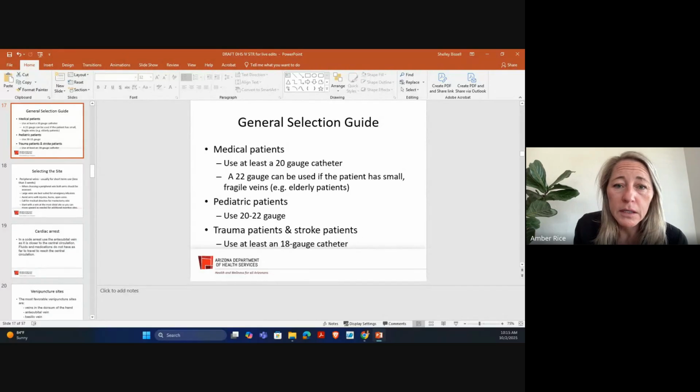So if we're looking at the stroke TTTG, there's so many. I don't know where stroke is.